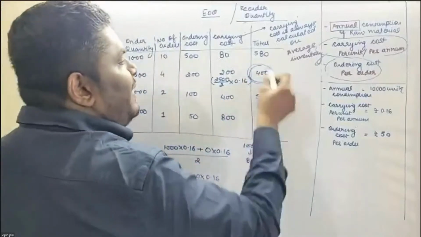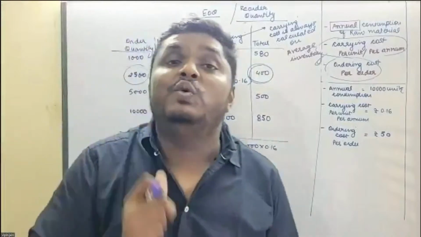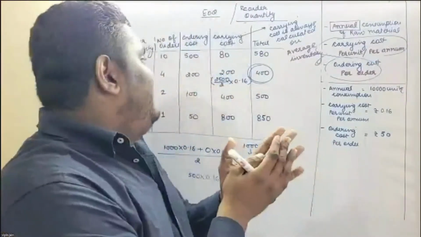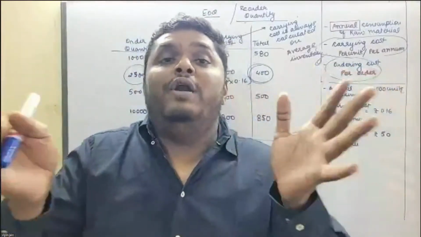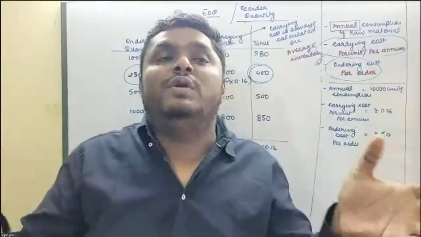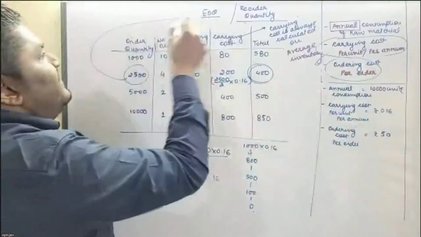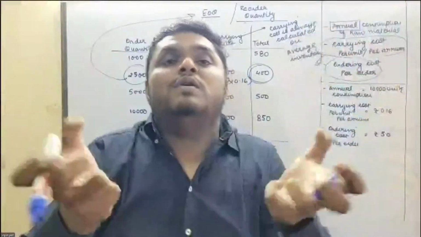So at this point, my cost is minimum. So we can say it is advisable to order 2,500 units in one go. I repeat again, at point of 2,500 units, my ordering cost plus carrying cost, my total cost is minimum. So it is advisable to order 2,500 units in one go, because at this point, my overall cost is minimum.